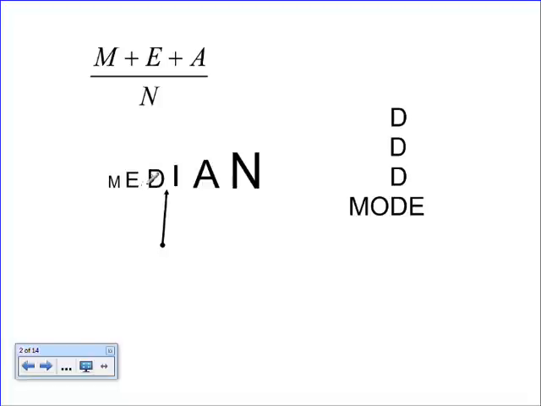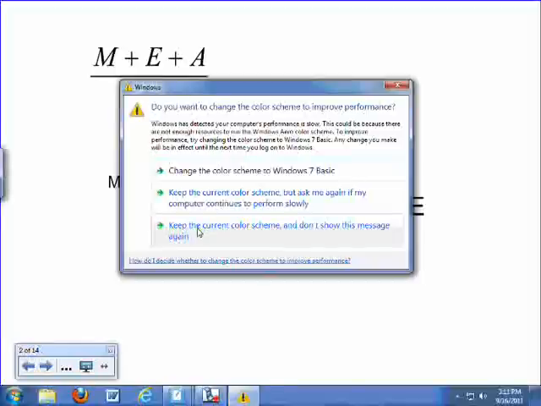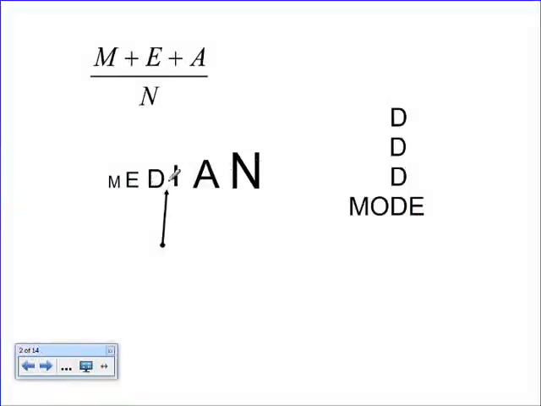Median, we arrange the things from smallest to biggest, and it's the piece right in the middle. In this case, right in the middle is between the D and the I, because there's an even number of pieces. And then I've got mode, and I've got a lot of D's, so in this case D would be the mode. So it's the most common number. It might be worth pausing, writing those down as a way to remember which one it is. There's plenty of space on your page.